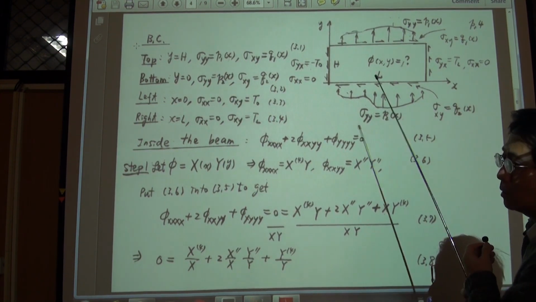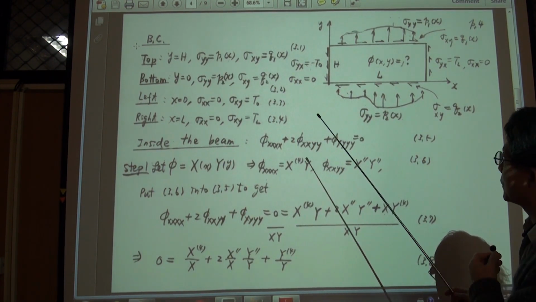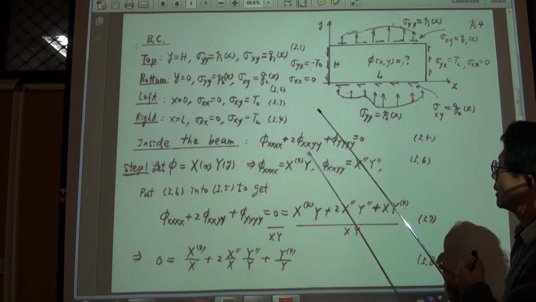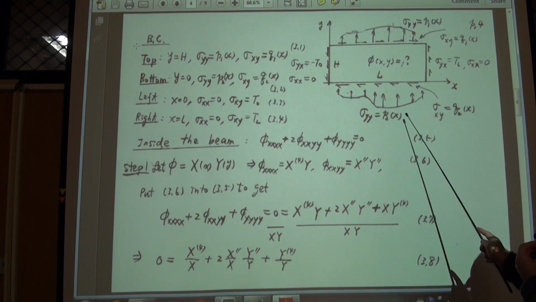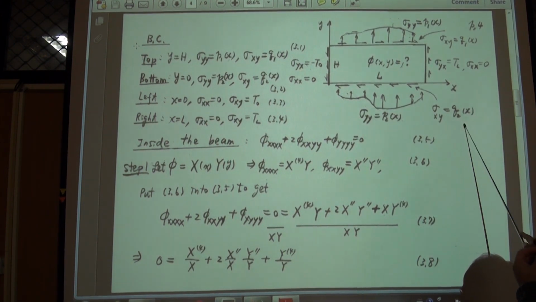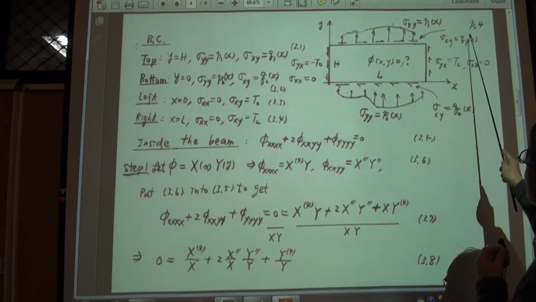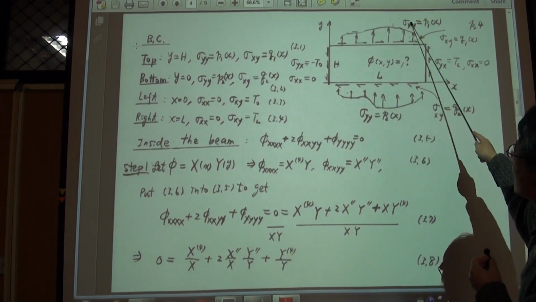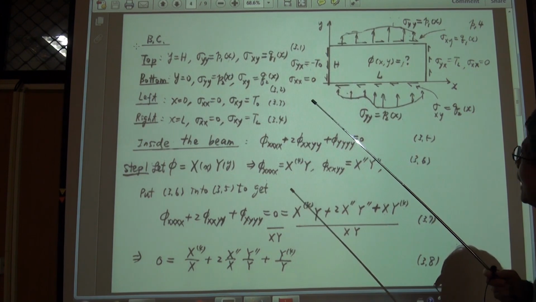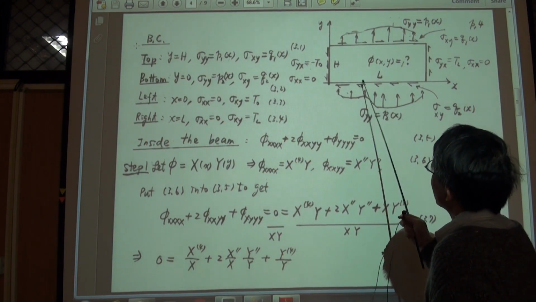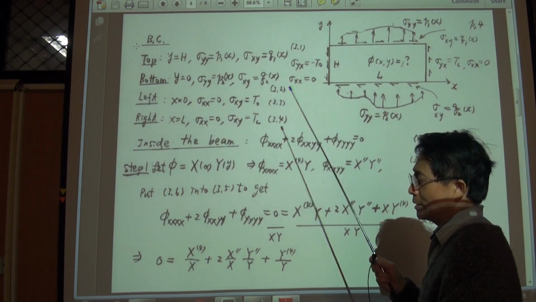P2 and Q2 are also some given functions. But in fact, usually P2 is 0, Q2 is 0, and here shear stress is 0 too. Only this one is non-zero, okay? But in general, we can consider they are arbitrary. It doesn't matter.